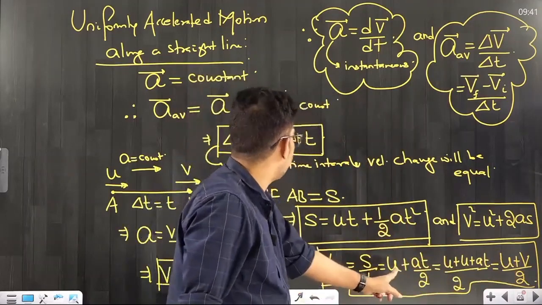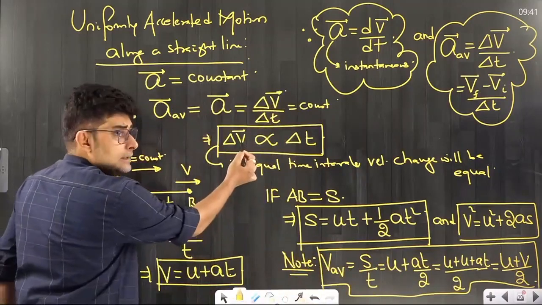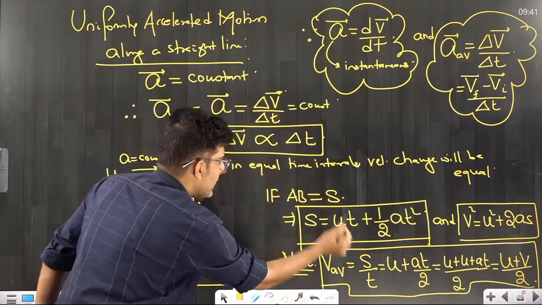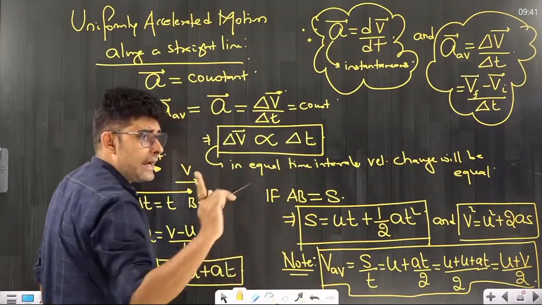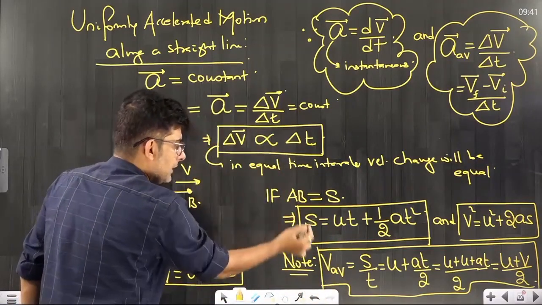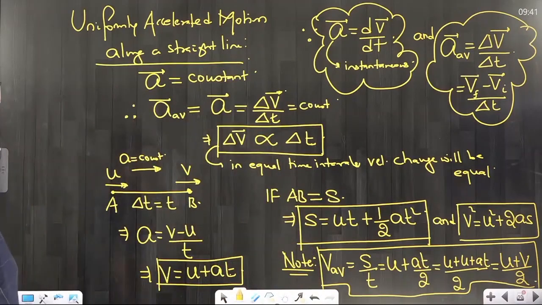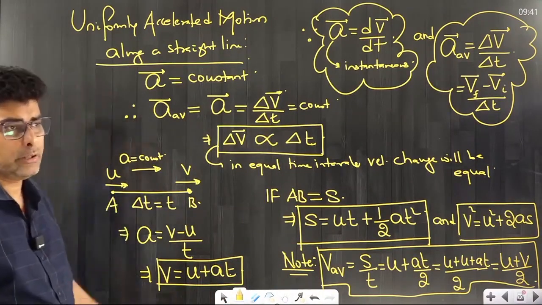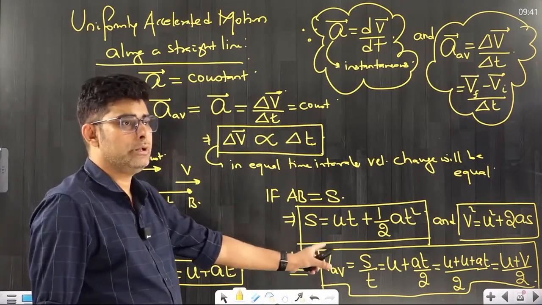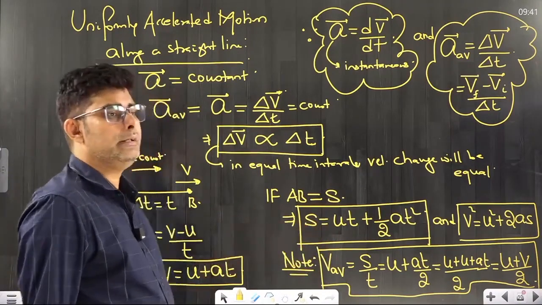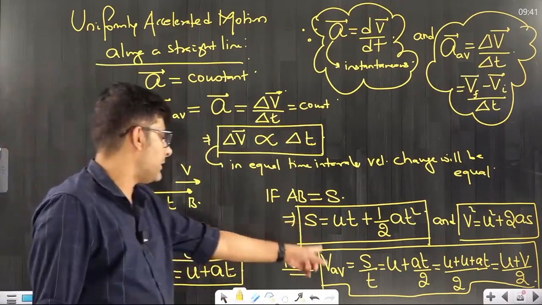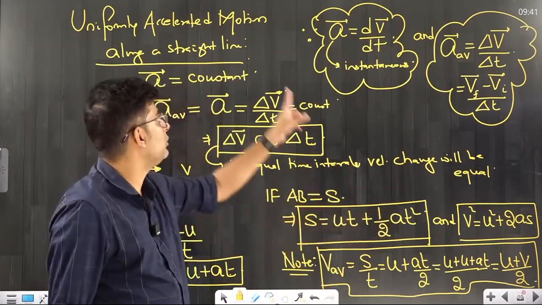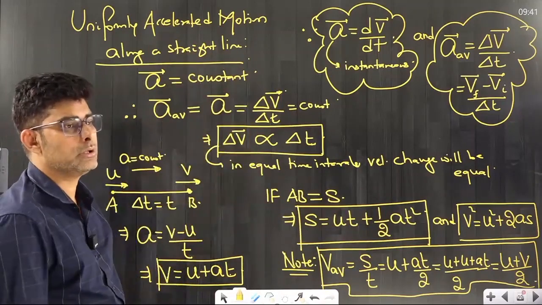This is a very important formula, and also this result, change in velocity is directly proportional to time interval. These are the two main results which act as shortcuts for different types of questions. Please note it, then you will see its application in a question, so that you will understand why it is easy. Okay, average velocity s by t is also equal to u plus v by 2 in case of uniformly accelerated motion.